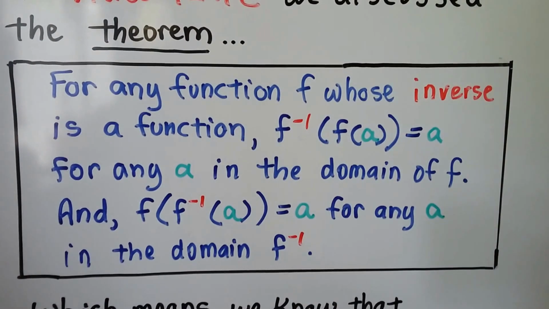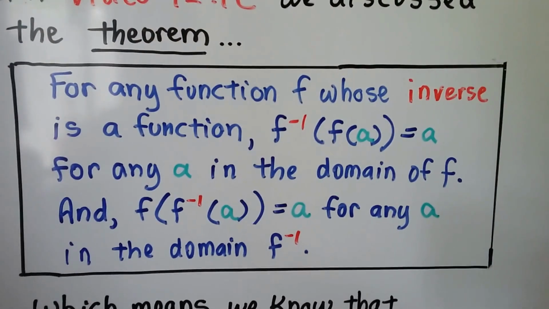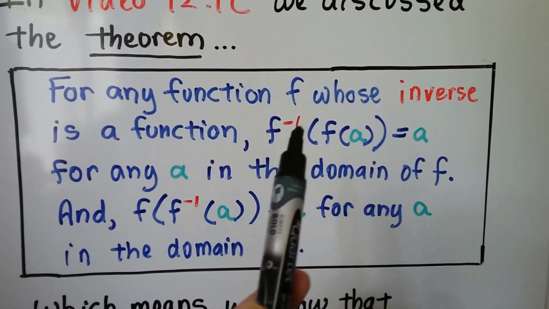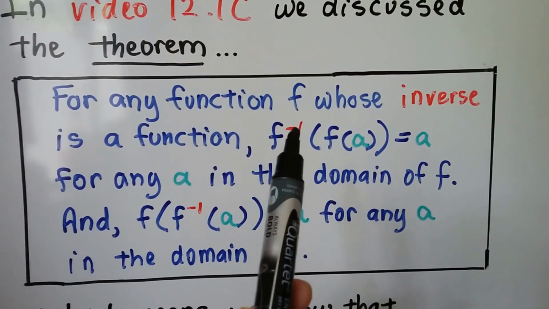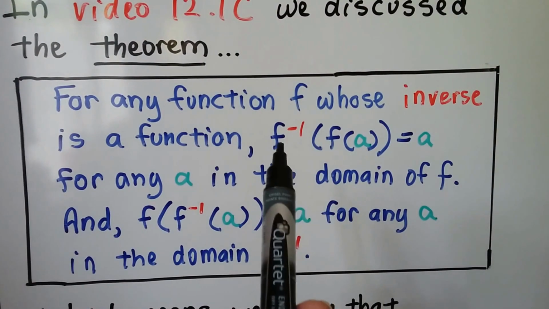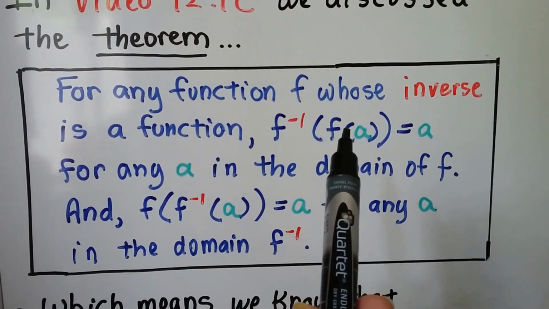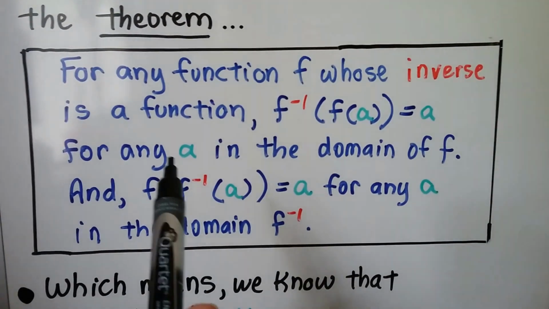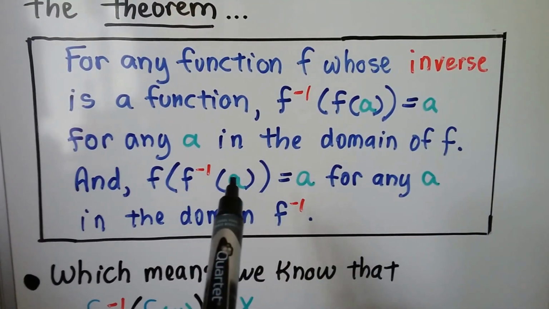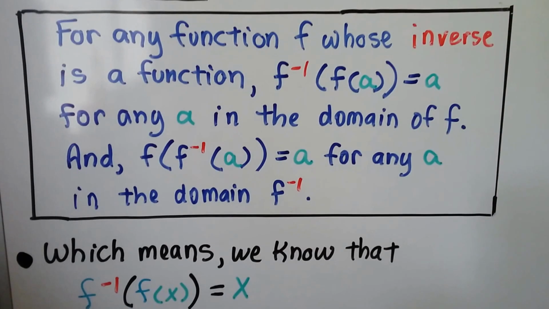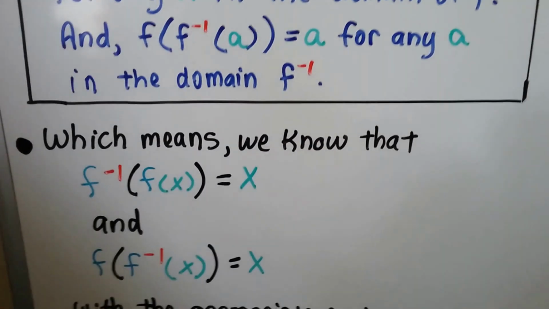It said for any function f whose inverse is a function, so that's the inverse of a function here, with this little -1 superscript, the inverse of the function of f of a equals a, for any a in the domain of f. And the function of the inverse of a function of a equals a, for any a in the domain of the inverse of f.